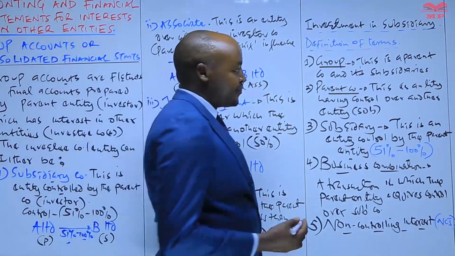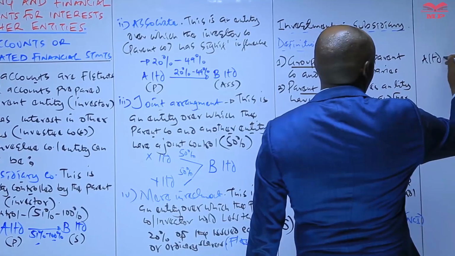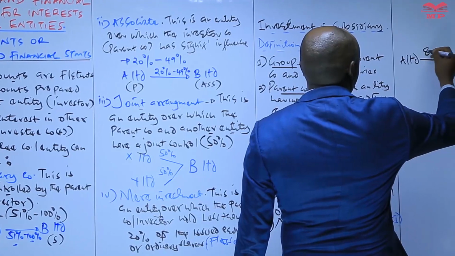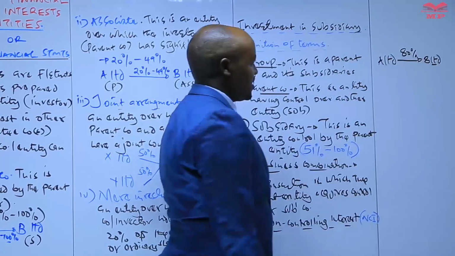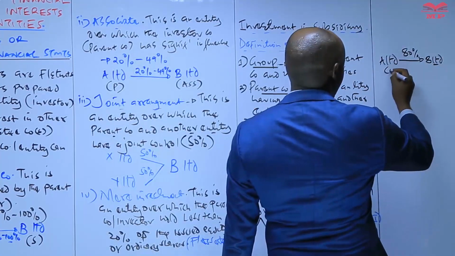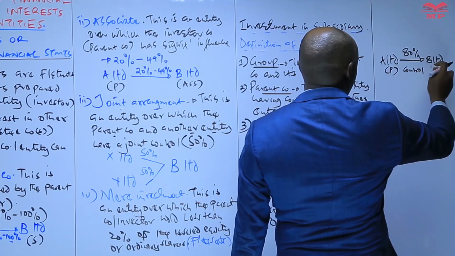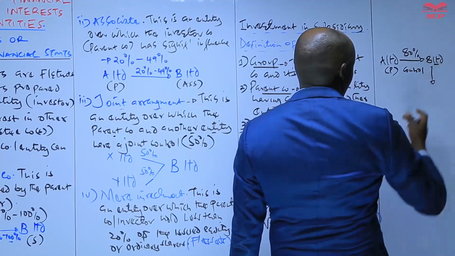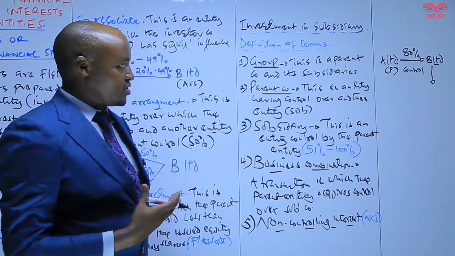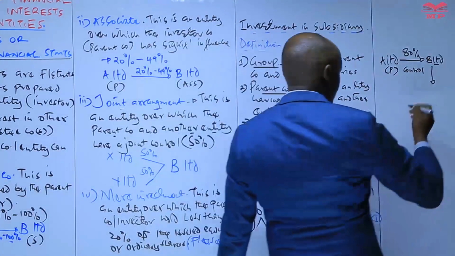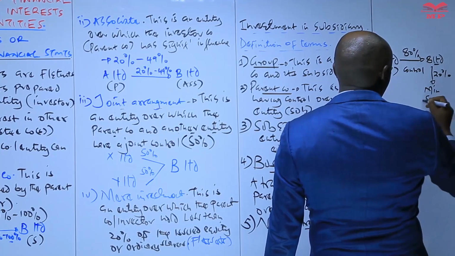In this case, let's assume that A Limited acquires 80% of the shares issued by B Limited. It means that A Limited will be the parent company, because A Limited controls B. Then we have the remaining 20% of the shares issued by B Limited. In this case we say that they are held by the minority shareholders.